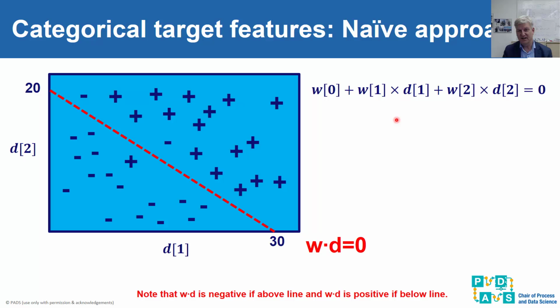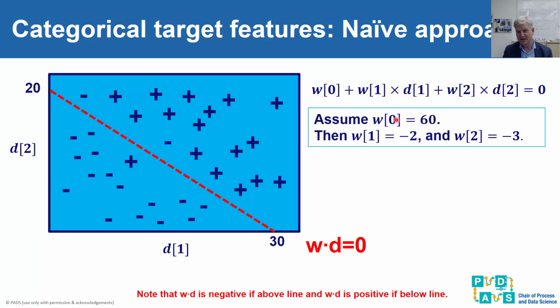So let's show a concrete example. Let's assume that W0 is equal to 60. Note that we can describe the same line by different weights, by multiplying all the weights with the same positive or negative number.